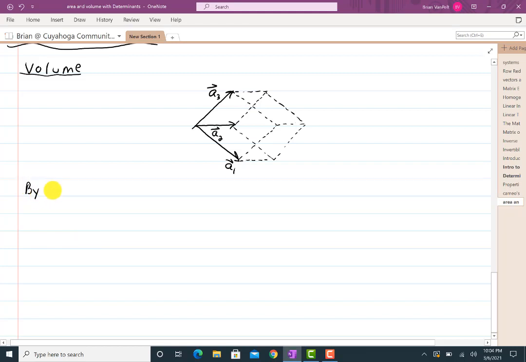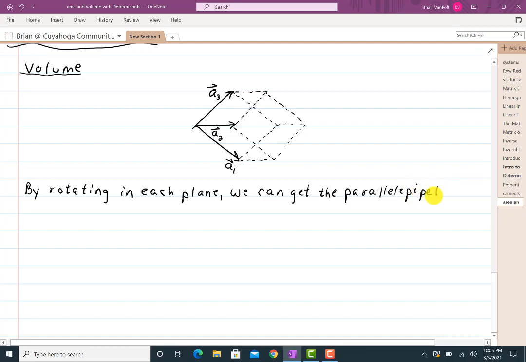By rotating in each plane, we can get the parallelepiped to be flat.